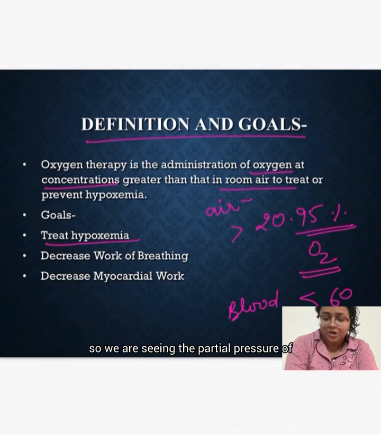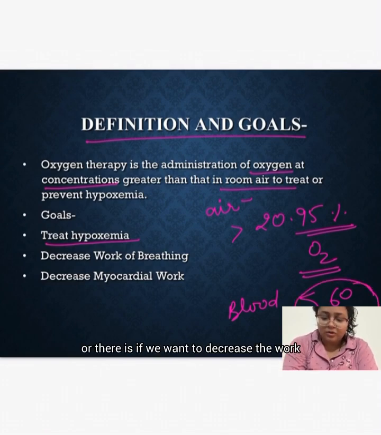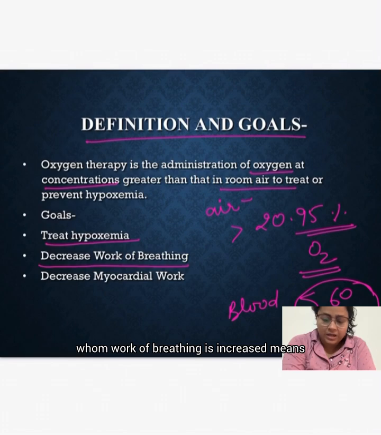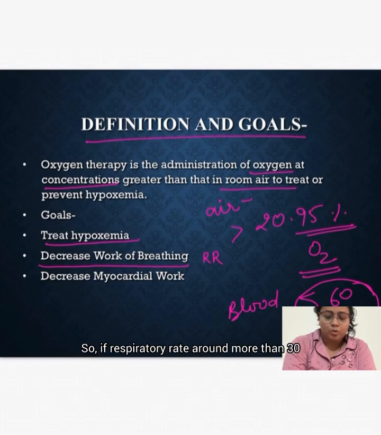So we are looking at the partial pressure of oxygen in the blood. It is also given if we want to decrease the work of breathing in patients in whom it is increased, meaning the respiratory rate is increased to meet the oxygen demand of the body, say a respiratory rate of more than 30.